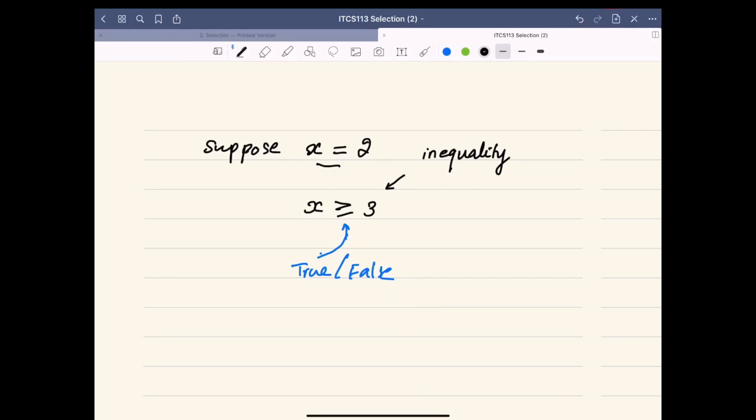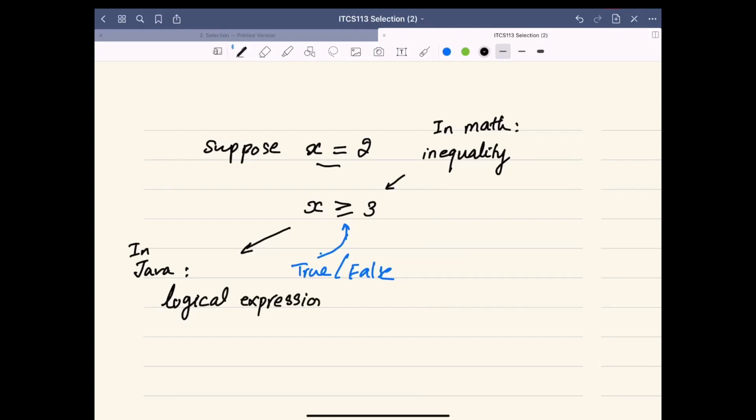Now how do we convert inequalities into Java? In math, it is called an inequality. In the Java language, it is called a logical expression.